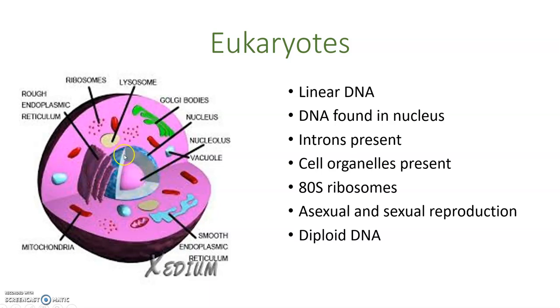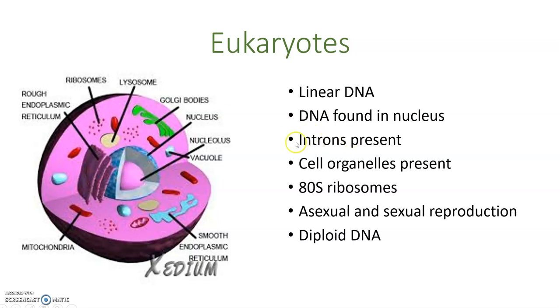And also DNA here is not naked, that is, we have many proteins bound over the DNA which help it in coiling and condensation, while in prokaryotes the DNA was naked. No such proteins were found to be associated with prokaryotic DNA.